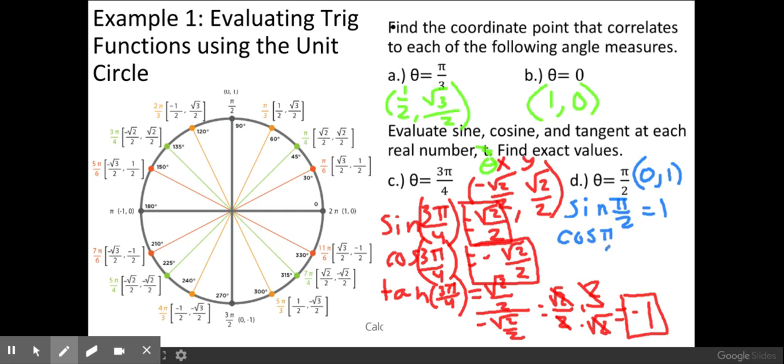Cosine of pi over 2 equals the x value, which is 0. And tangent equals y over x. If you have 0 in the denominator, that would be undefined. So undefined, you can simplify it like that. And that's it for the unit circle.